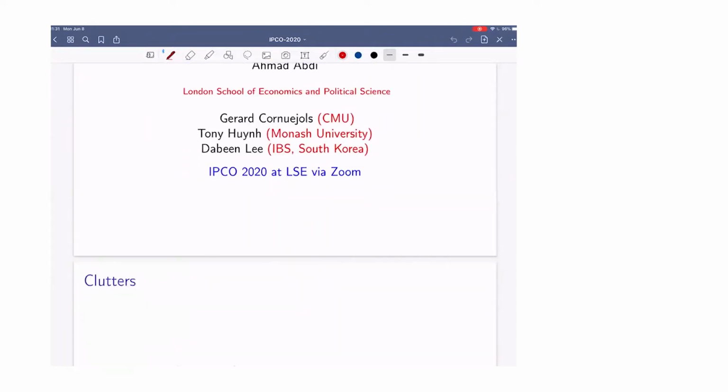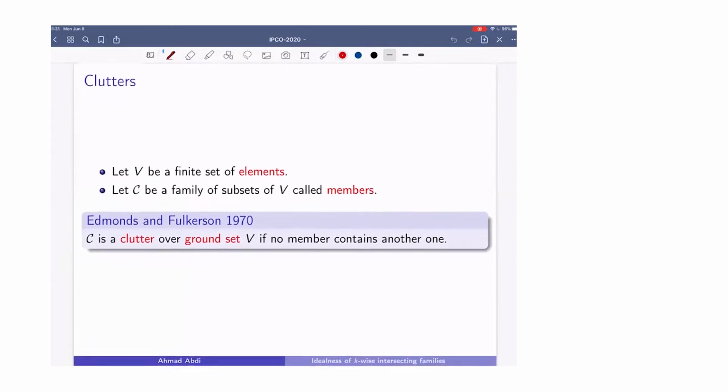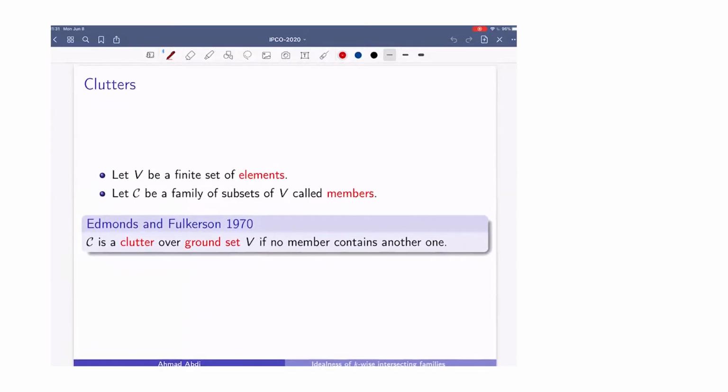All right. So this is how I start every single one of my talks. I start by defining what a clutter is. So let V be a finite set of elements, and let curly C be a family of subsets of V, which I'll refer to as members. I'll say that the family C is a clutter over ground set V if no member contains another one.